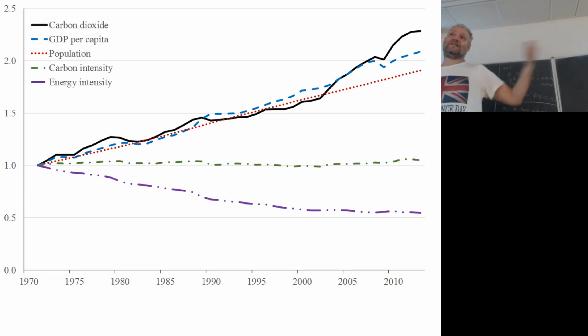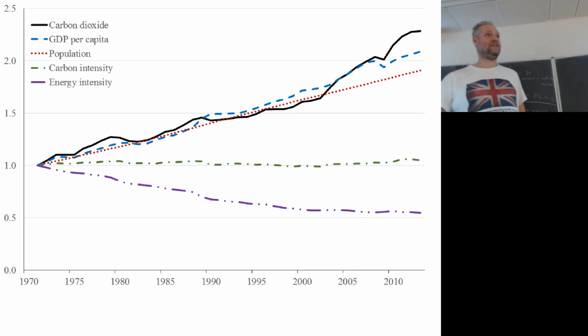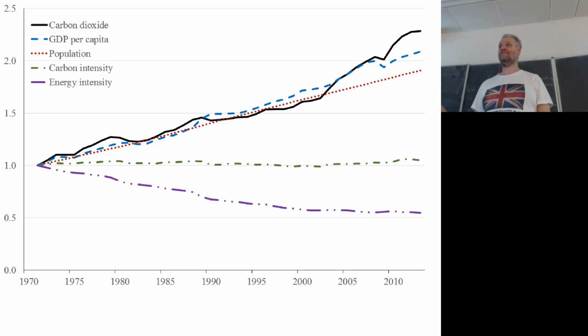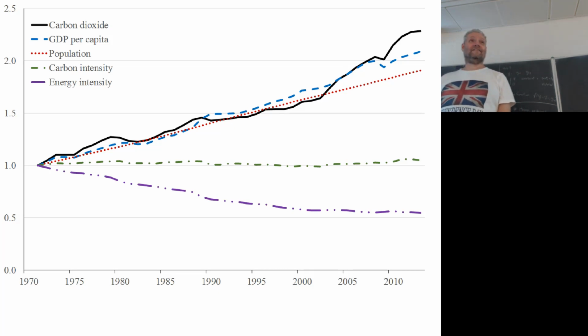And we see that as far as we know, energy intensity has improved, energy efficiency has gone up for as long as we know. The reason for that is very simple. Energy is a cost. And if you can reduce the energy use of a particular gadget, then that's a good thing, right?